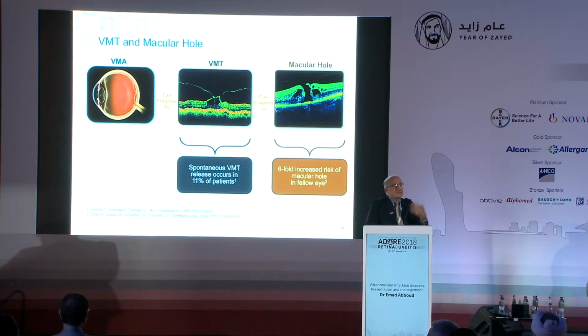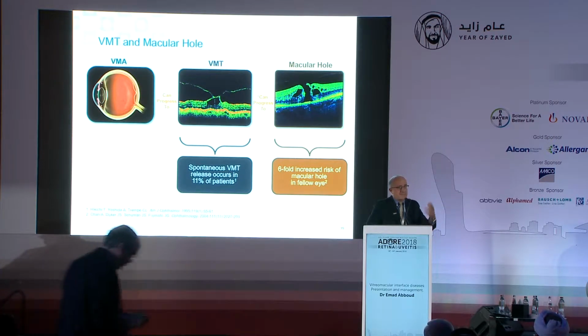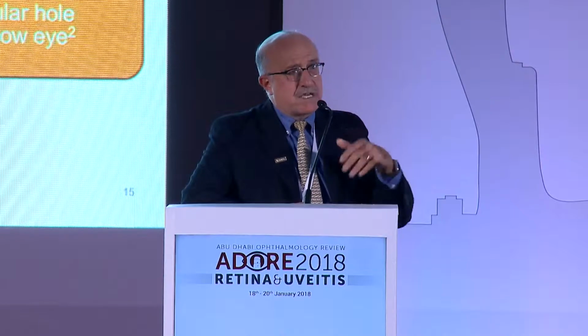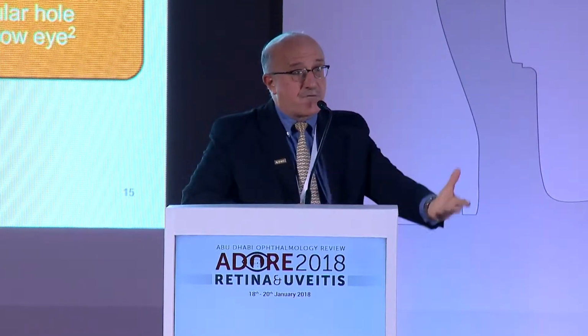So all these scenarios can occur. It is important to know what is the percentage that the lifting spontaneously is going to happen, because this will help us decide about the management. Do we offer treatment or do we wait?